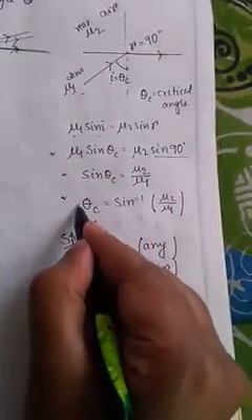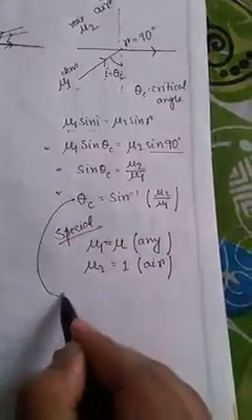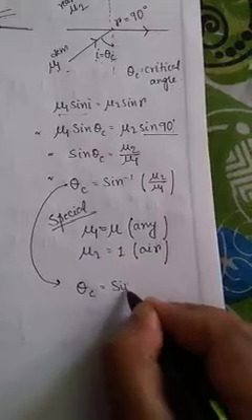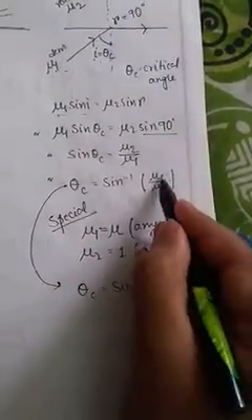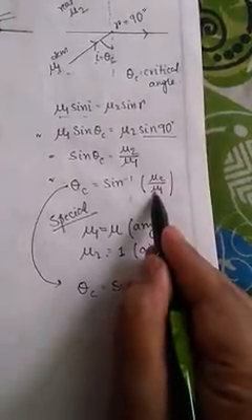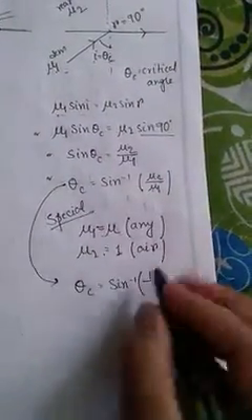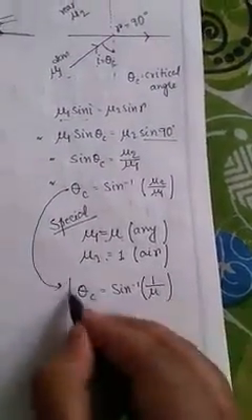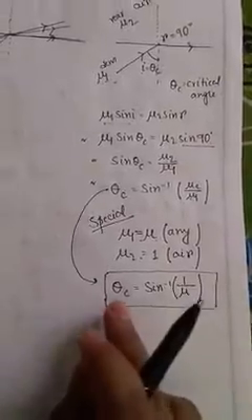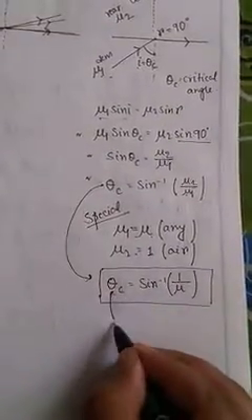Now what about this formula? We can write theta c equal to sin inverse, instead of mu2 I shall write 1, and instead of mu1 I shall write mu. So this is the formula, theta c equal to sin inverse 1 by mu. Is it okay? And this theta c is known as the critical angle.